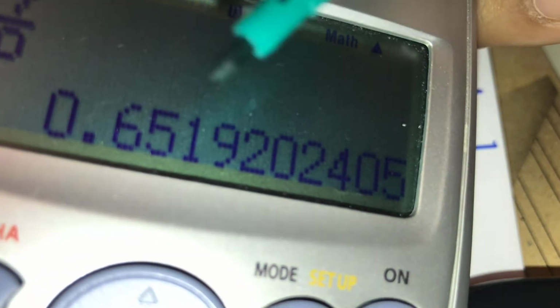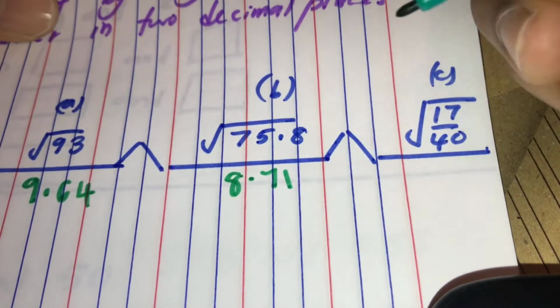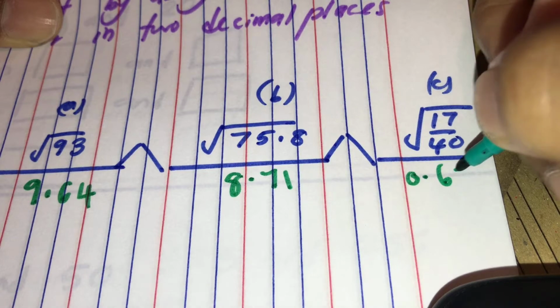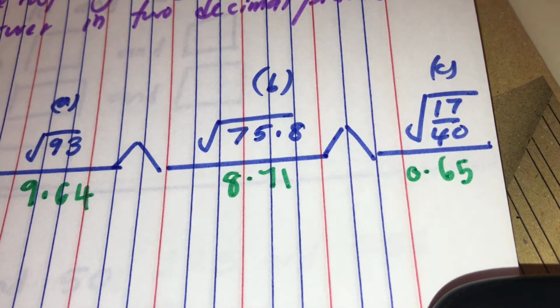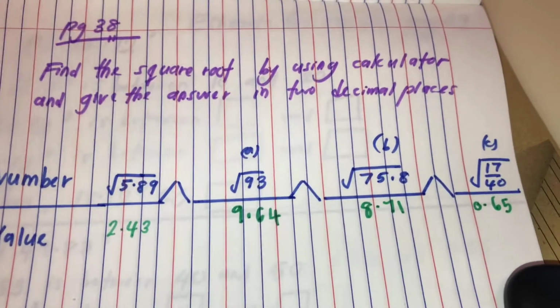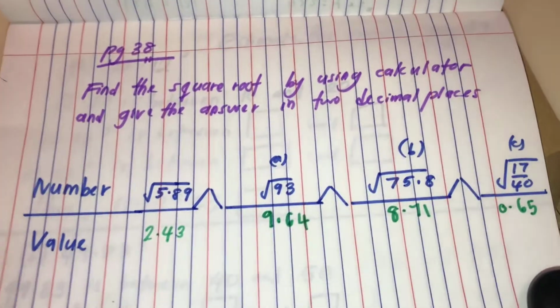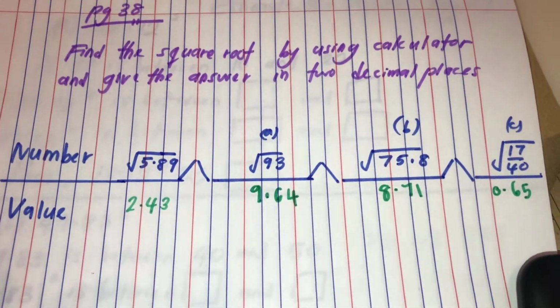You get 0.65. This value is less than 5, so the answer is 0.65. Then that finishes the whole of page 38. Make sure you complete page 38, okay?